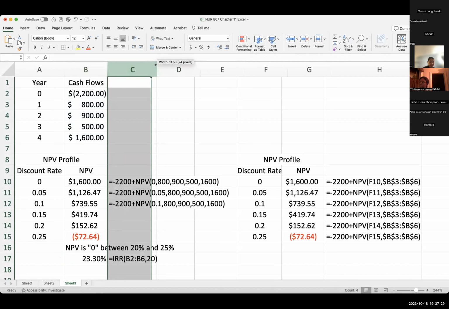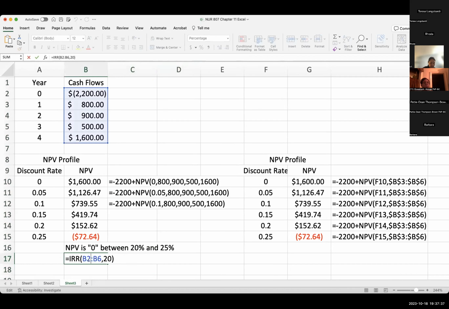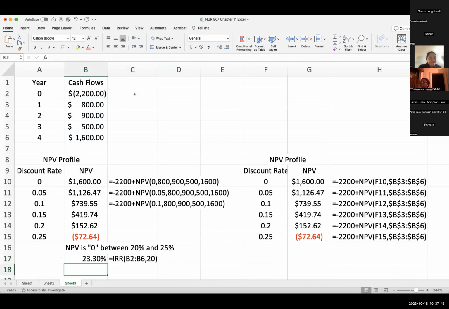We're using the cell numbers. So notice I put all of the values in. I don't start at B3 like I did for the NPV. I start at B2. I put everything in there, all the cash flows, initial investment and everything.